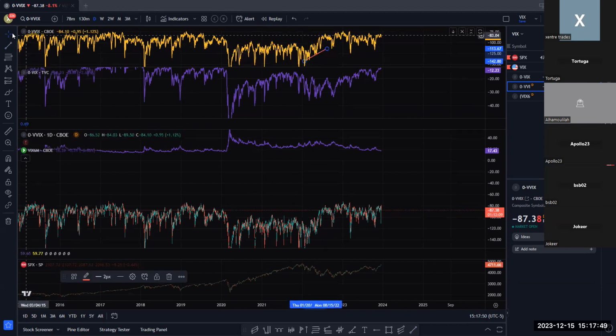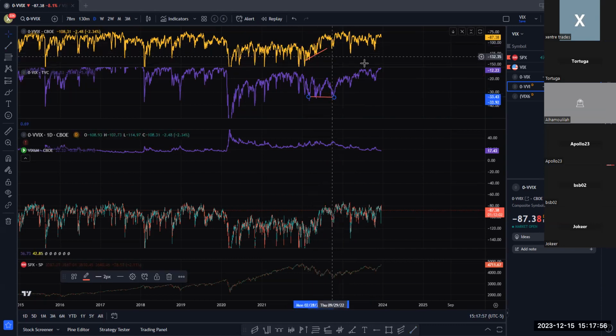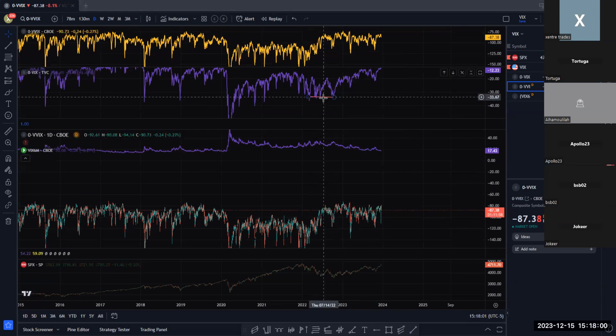the VIX does. You can see here, this is kind of flat, but this is already making lows or higher lows. So that means this leads this. And VIX usually either moves very, very slightly before or in line at the same time.